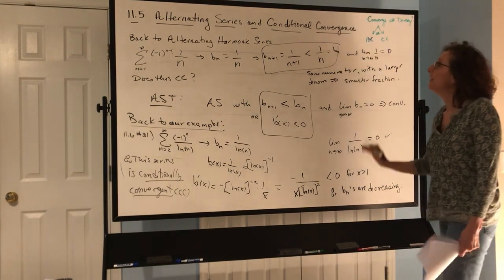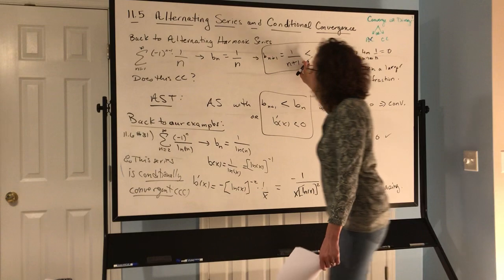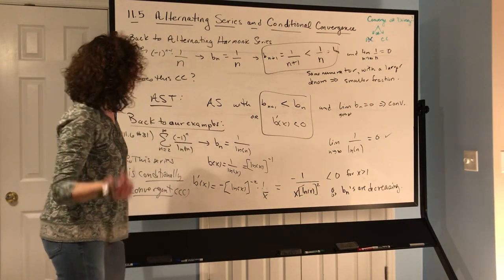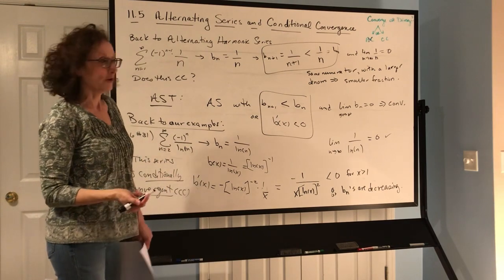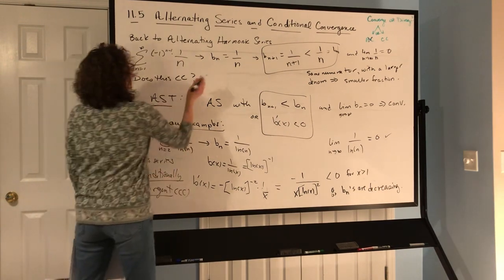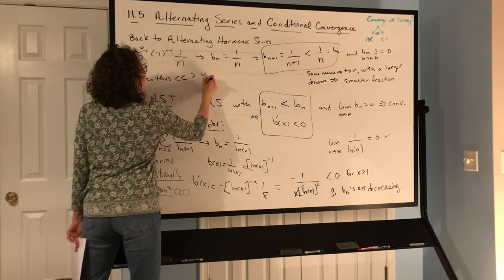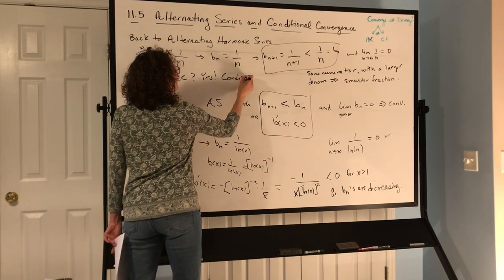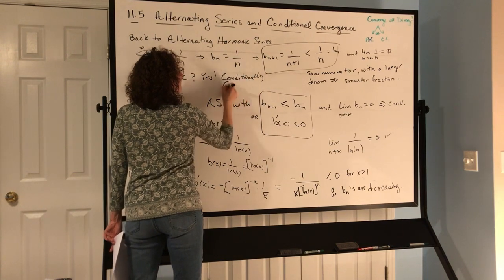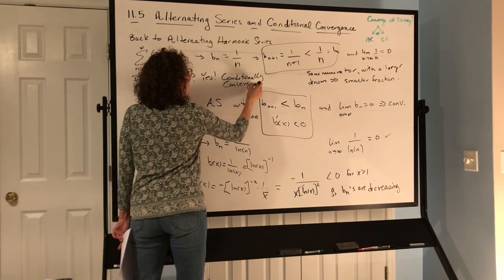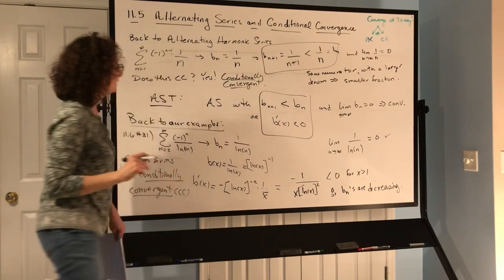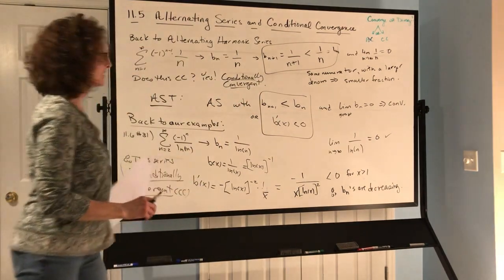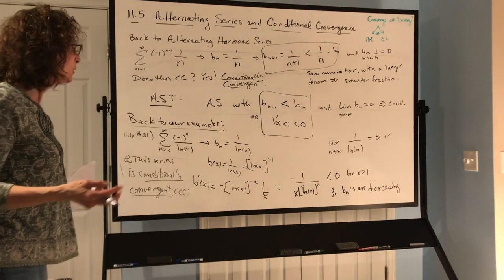That limit is 0, and these terms are decreasing, and therefore we know that the alternating harmonic series is conditionally convergent. So that does not converge absolutely, but it does converge conditionally. It converges, just not if you change the negatives to positives. That's super cool, right?